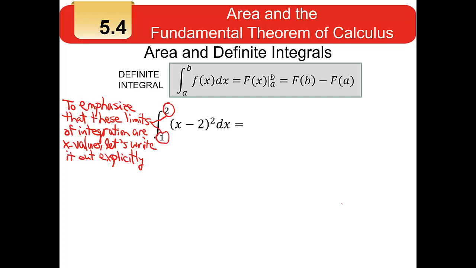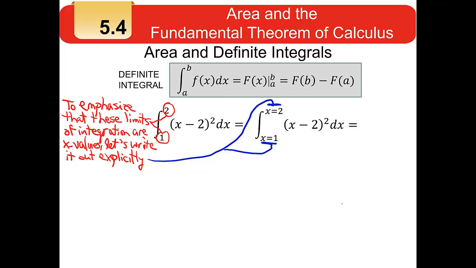Think about this a minute. We don't normally put a label on those limits of integration to say they're x values, but because we're going to be changing from x's to u's, I want to actually take the step of labeling those things and saying, now that 1 is an x value and that 2 is an x value.